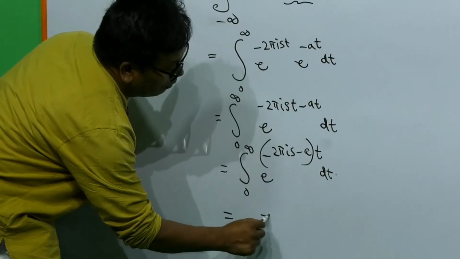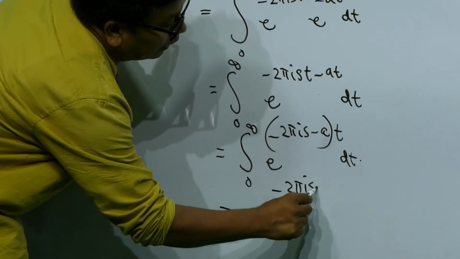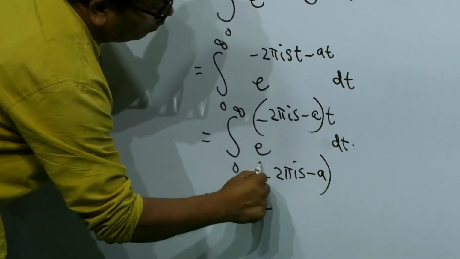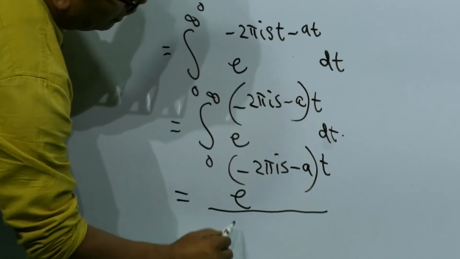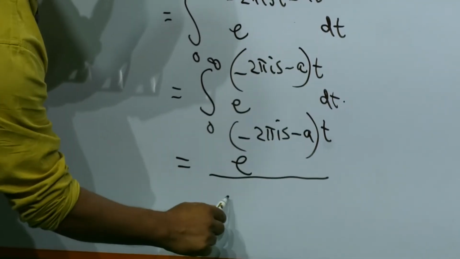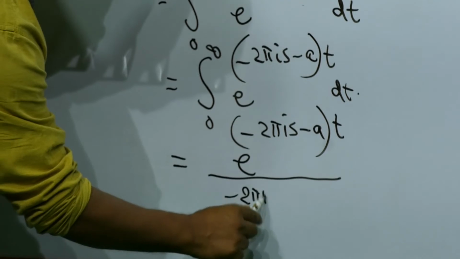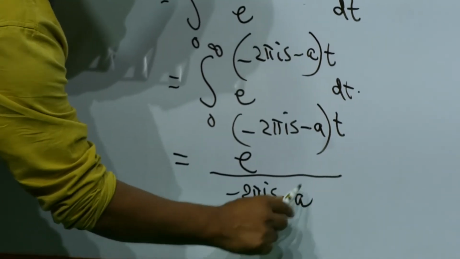What is that? E power minus 2 pi I s, then minus a, whole into t, divided by the differentiation of this quantity. The differentiation of this quantity is minus 2 pi I s, then minus a.